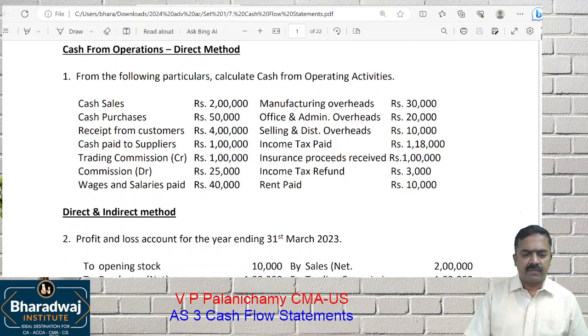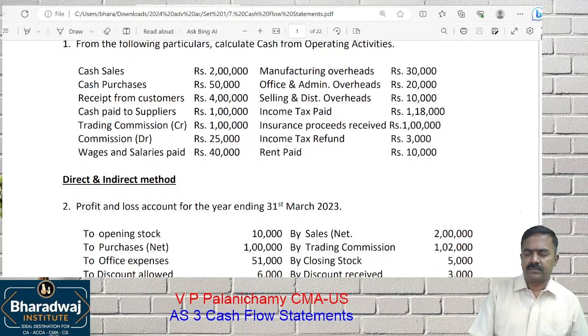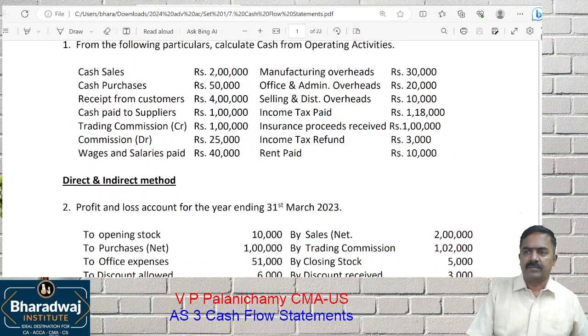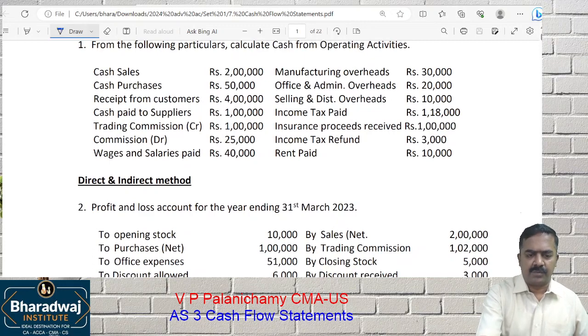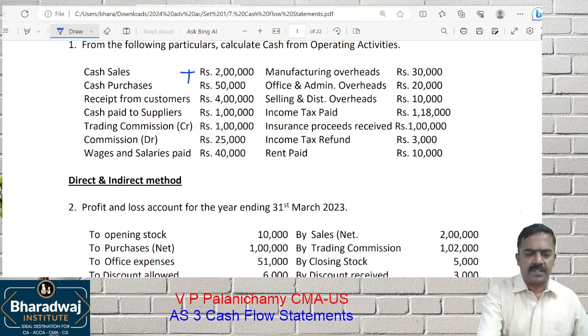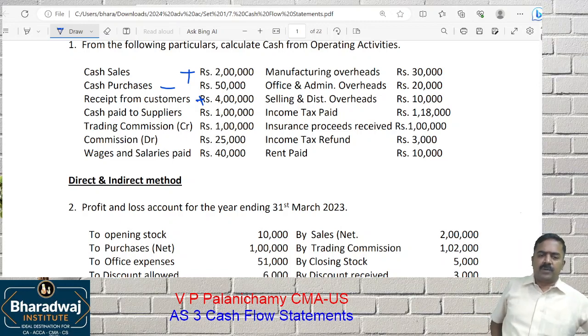Cash sales, where will it come? Operating or non-operating? Operating, plus or minus? Plus, cash inflow. Then cash purchases minus. Receipt from customers is operating activity inflow.